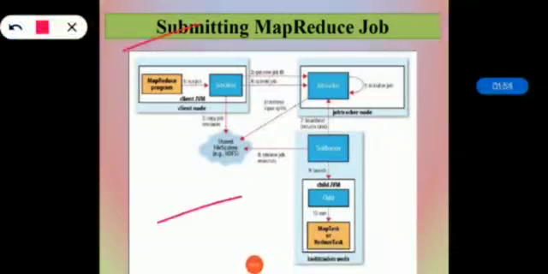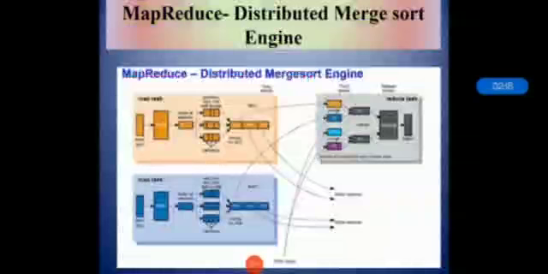After getting the new job id, we copy the resources to HDFS. After copying, we submit the job. After submission, we initialize the job. After initialization, we retrieve the input splits and then we return the task. So that is the submission of the map reduce job.